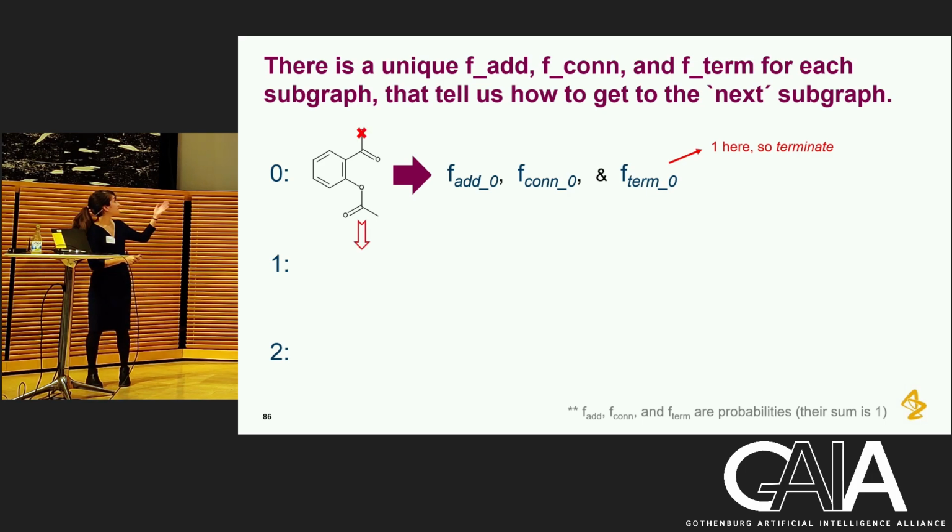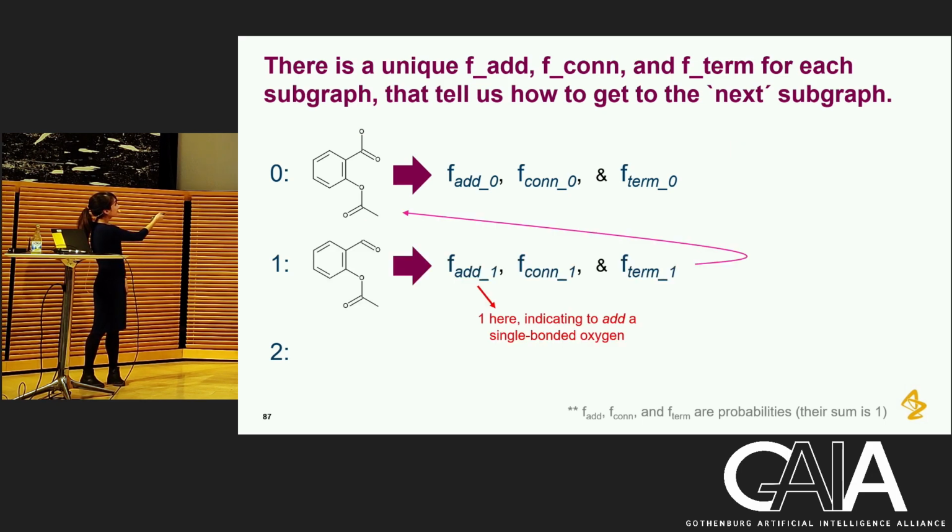We could also then go one step back if we were thinking about the reverse of building the graph. So we remove one node at random, which would bring us to this subgraph here. And let's say if it sees this as input, we want it to be able to take us back to the full molecule. So in order to do that, there would have to be a 1 somewhere in f_add that tells us to add a single bonded oxygen to this carbon right here.